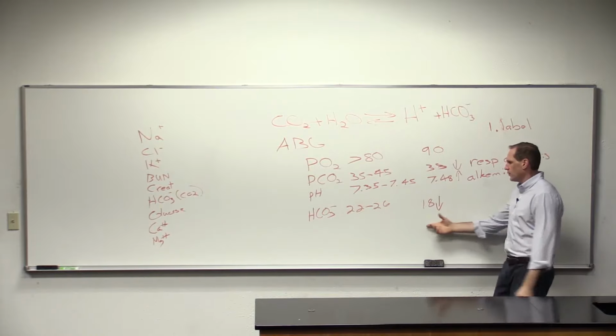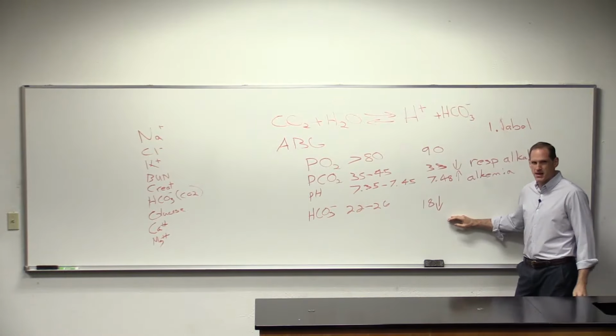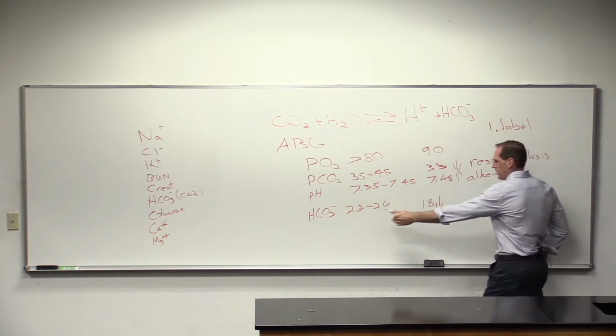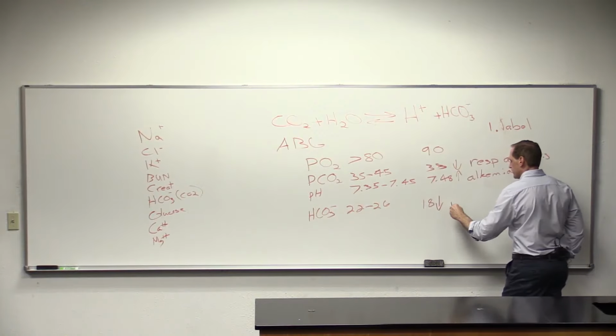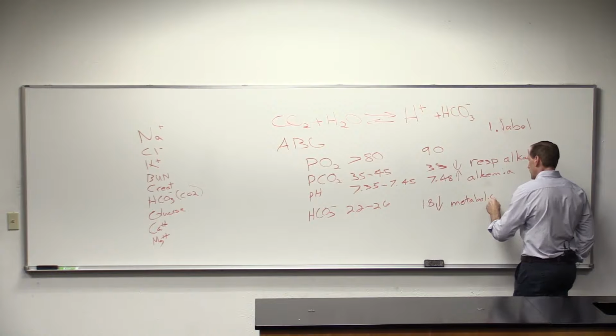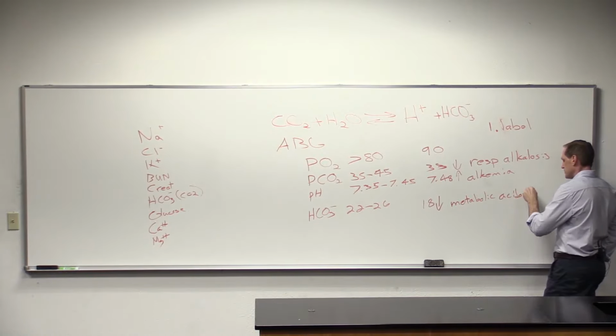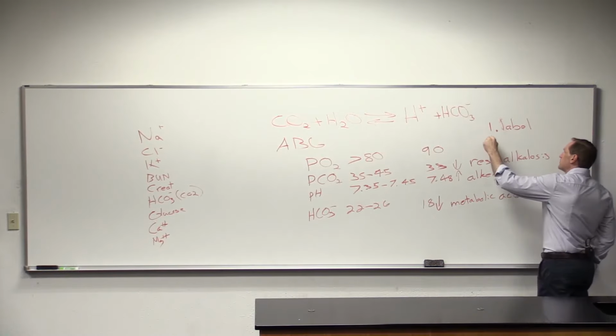And what's in charge of making bicarb? Which organ? The kidneys, which makes this metabolic. So bicarb is always metabolic. Metabolic acidosis.